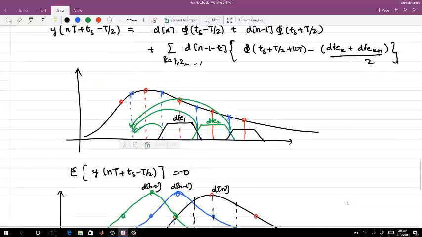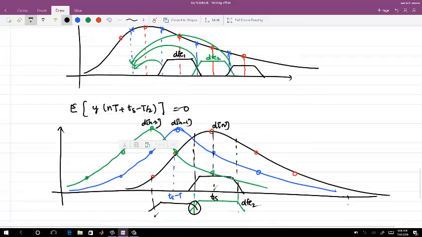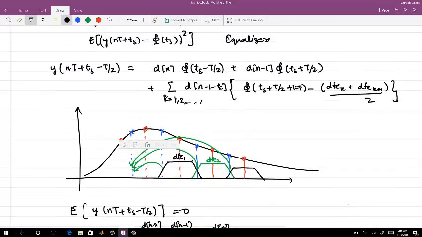So if you look at 5Ts by 2 plus kT, here k goes to 1, and the bit is dn minus 2, with DFE1 and DFE2 by 2 contributions. This dn minus 1 is already there, so you have DFE1 by 2.